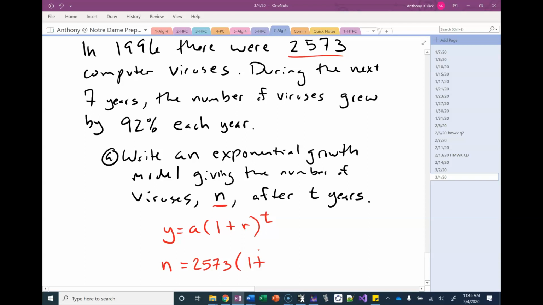It was 92%, which as a decimal would be 0.92. And then it says after t years, so t was time, so we're just going to put t in that spot. So there's my equation that I'm going to be using. So if I read this, it's after t years. So that's how it wants me to write my model.